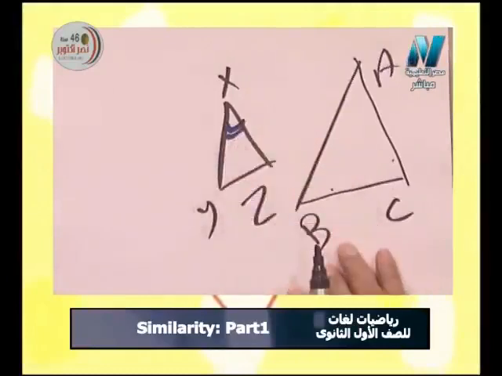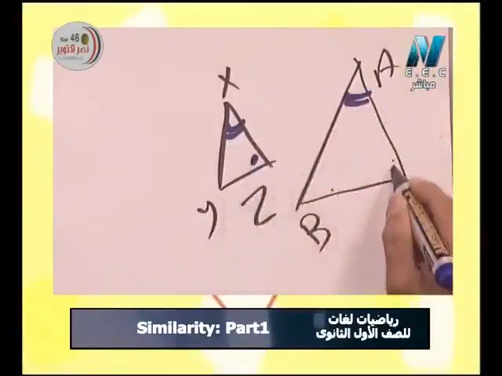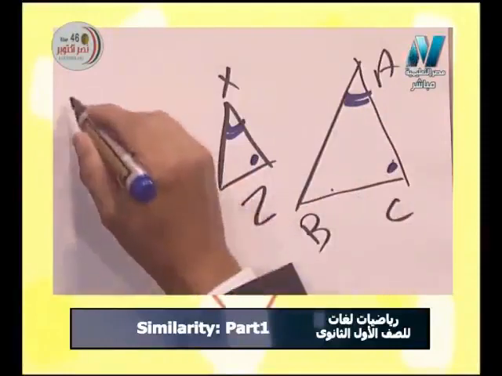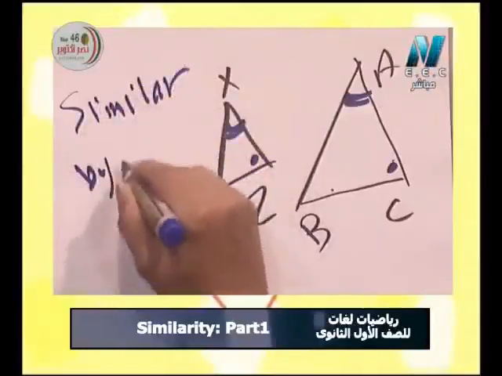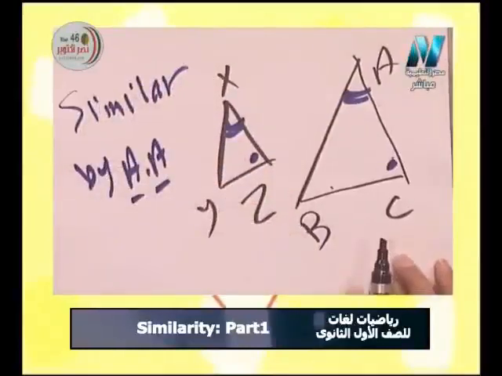This angle equals in measure this angle, and this one equals the measure of this one. So the two triangles are similar. Similar by what? Similar by AA, angles, which means two angles.